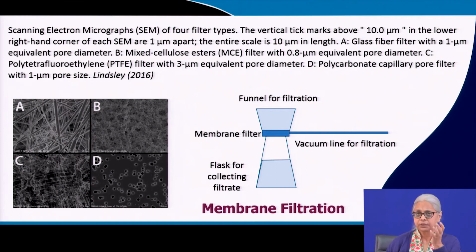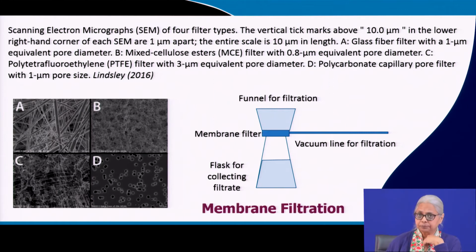The sample, whether it's a water sample or any other sample that is to be filtered, is passed under negative pressure or vacuum pressure through this membrane, because all membranes, especially 0.2 micron membranes, are very difficult to filter without applying a vacuum pressure. So that becomes very essential.